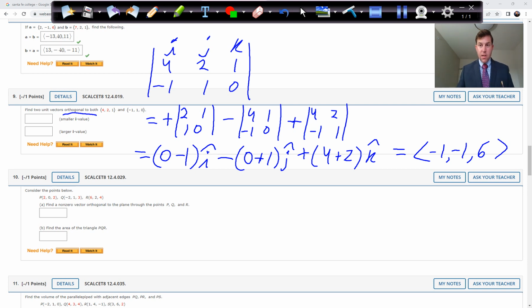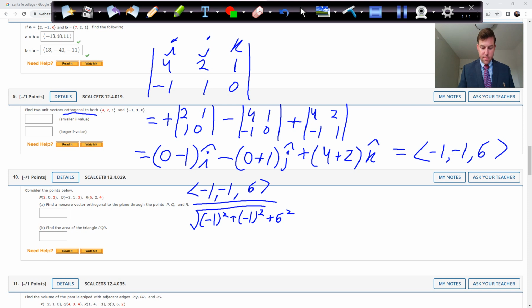Now they want us to make this a unit vector. So we would take that vector and divide by its magnitude, which is the square root of minus 1 squared plus minus 1 squared plus 6 squared.